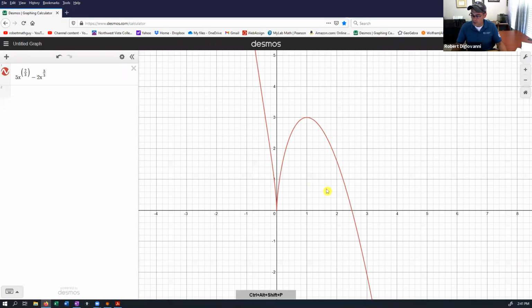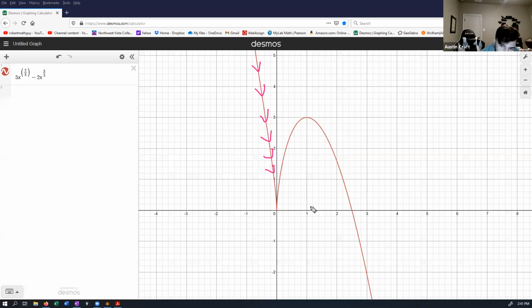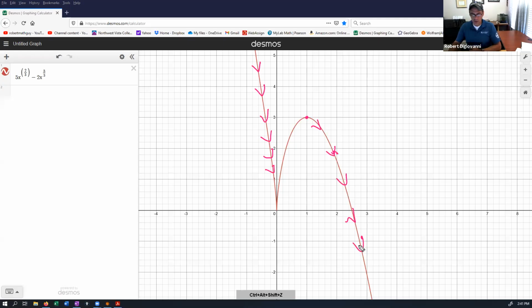I'll do decreasing in red. Decreasing to the left of 0, right? Where else was it decreasing? From 1 into infinity. So it's decreasing over here, right? And we said that it'll be increasing between 0 and 1. That's here to here. Here's our local min. And here's our local max. We found all of that without a picture.